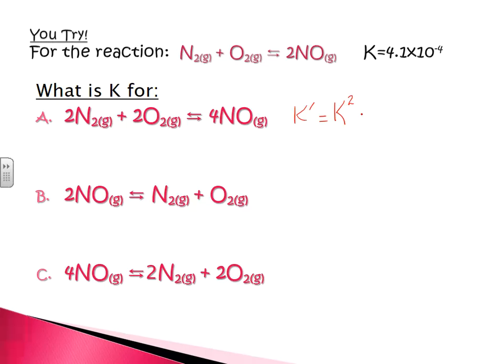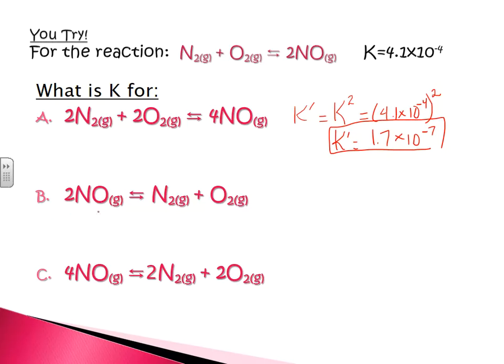Instead of having to recalculate and replug in, we just take our original K, 4.1 times 10 to the -4, and square it. And so that's going to give us, for our K prime, 1.7 times 10 to the -7.